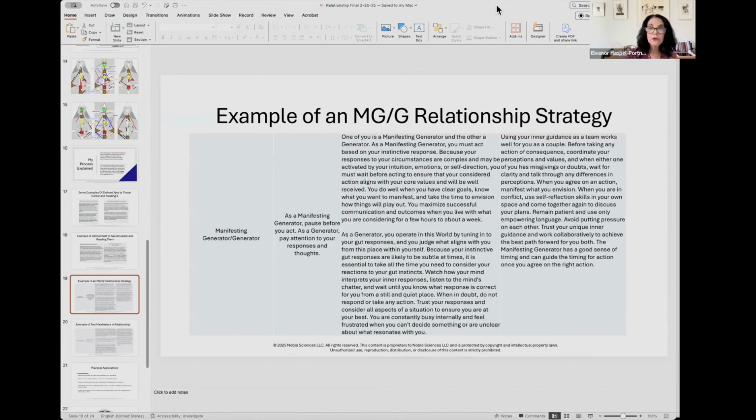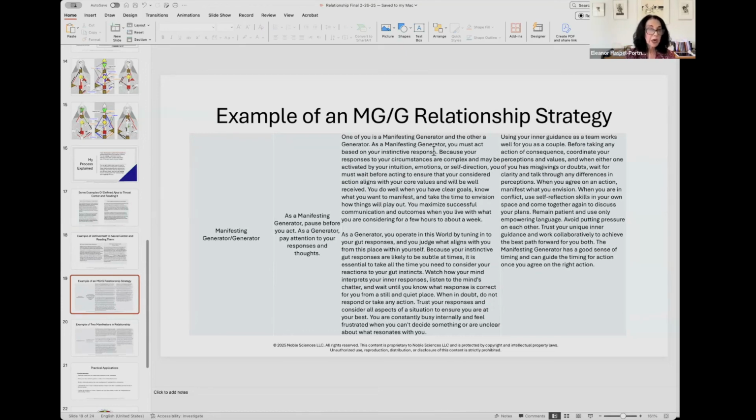I gave one or two examples here about type. So here's an example of a manifesting generator relating to a generator and the relationship strategy for that.